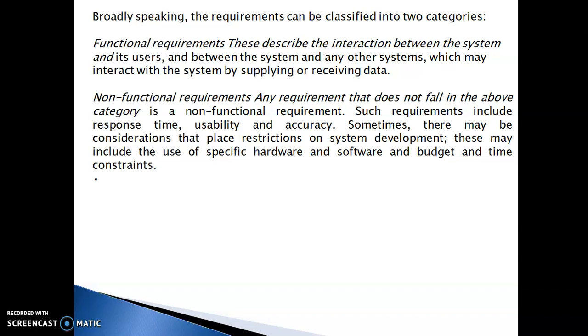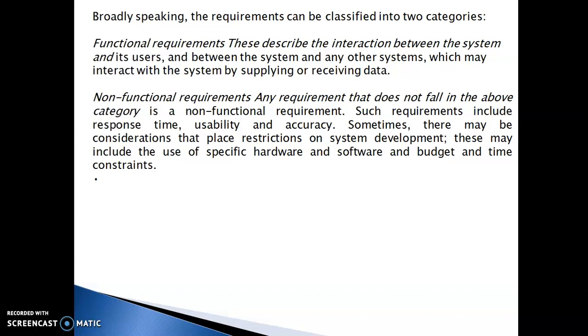Next, a non-functional requirement, like certain constraints put on a computer. Any requirement that does not fall in the above, where you are not directly giving input to the computer, is called a non-functional requirement. Such requirements include response time.